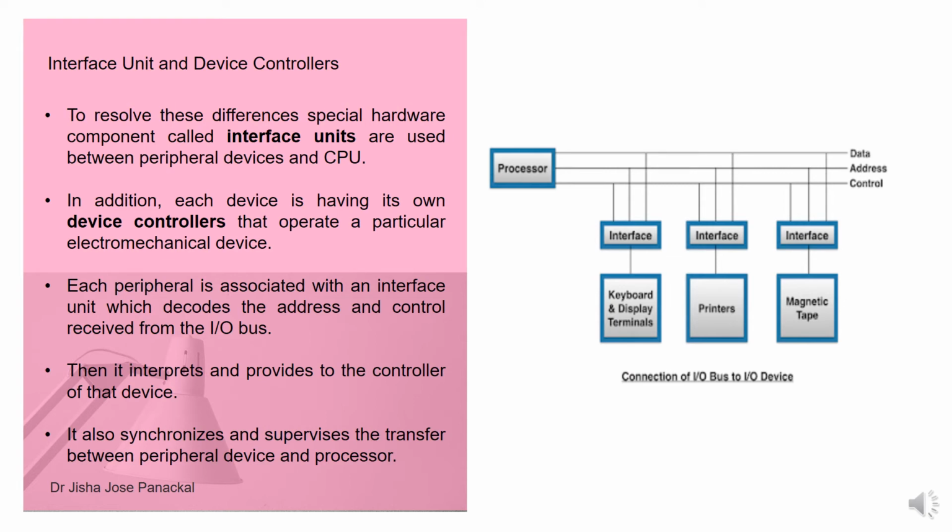To solve these differences, special hardware components called interface units are used between peripheral devices and the CPU. This can be seen in the figure on the right side. Here, the processor and each I/O device are connected through the bus.